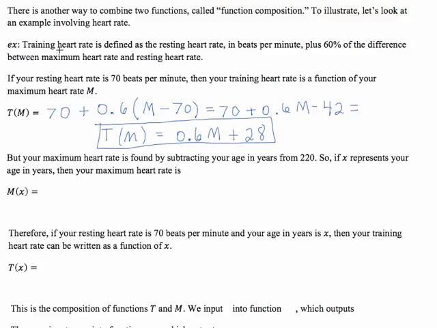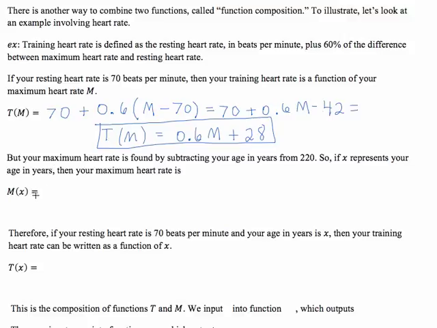That's assuming your resting heart rate is 70. But here's the composition. The maximum heart rate is actually found by subtracting your age in years from 220. So your maximum heart rate actually depends on your age.